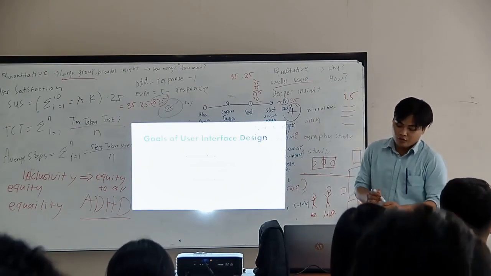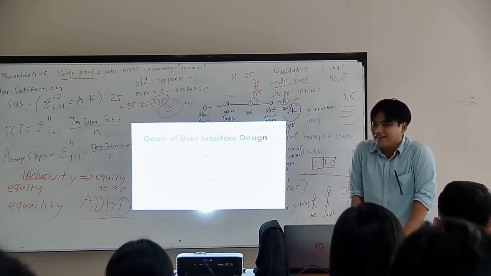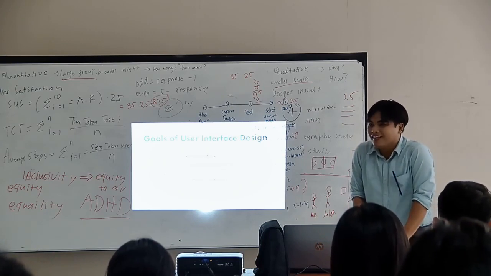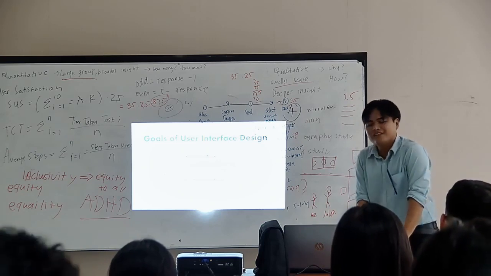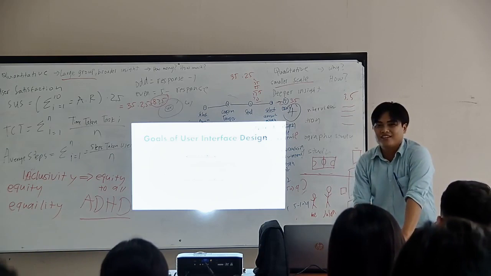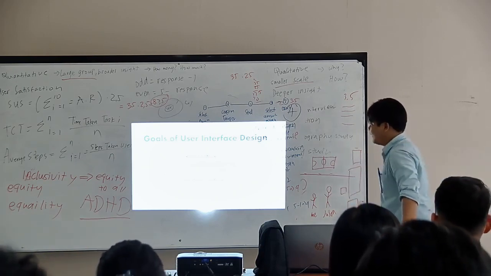Let's say you use Shopee on the phone. The font is orange, right? If you open on the website and the color is green, you must think this is not Shopee, right? It has to be consistent to make the user feel safe and secure. Okay.